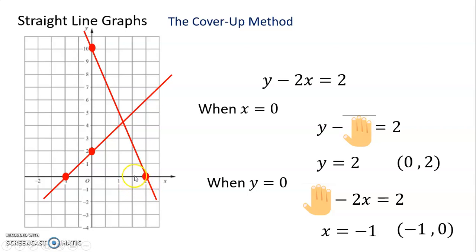So this is 1.5. So I would say this is probably about 1.2. And then over here, we've got a different scale. That's probably about 4.3. So something along the lines of 1.2, 4.3 is the point of intersection. And remember, that is a solution for both equations at the same time.